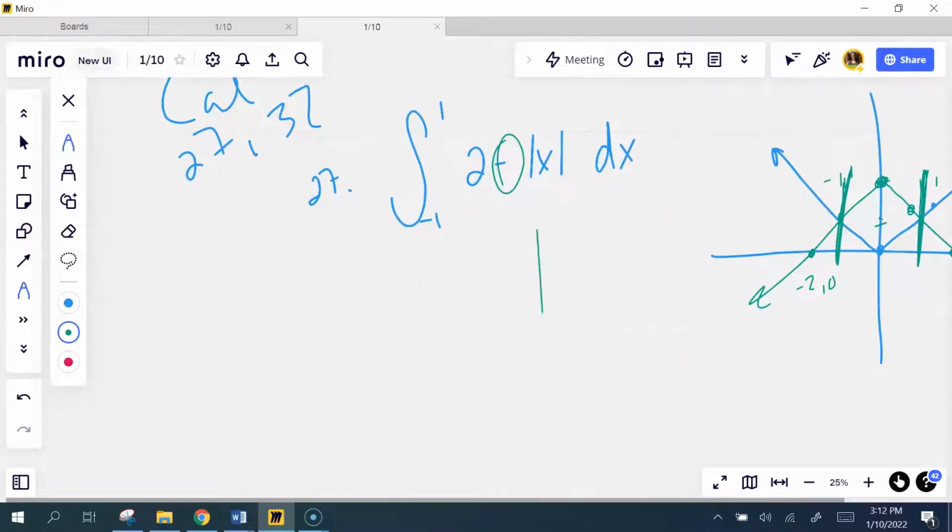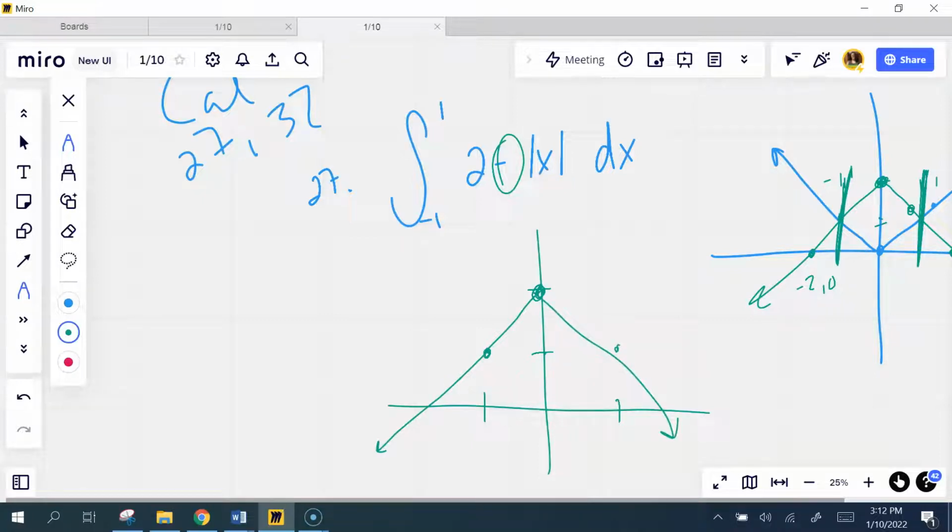Let me just redraw this for you. I'm up to 2. I am down 1 over 1. So this is my graph, but my shape looks like this. So it kind of looks like a house there, right?